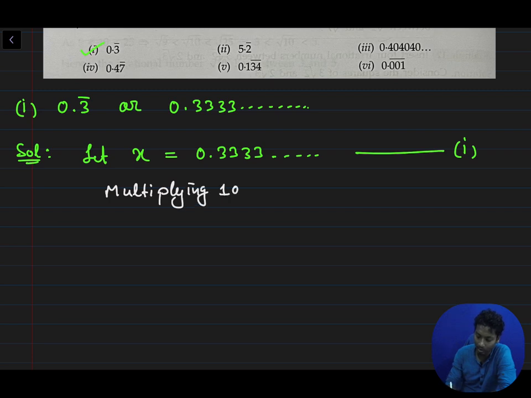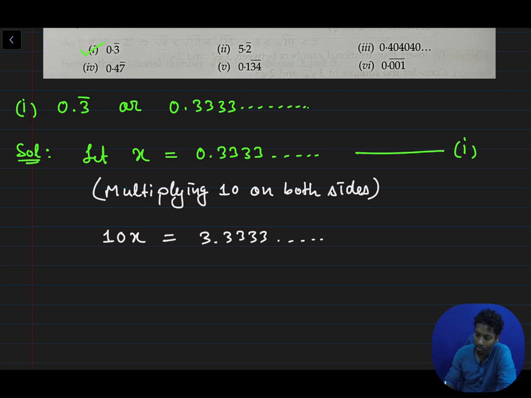If you multiply 10 on both sides, it will be 10 into x, 10x, and if you multiply 10 into 0.3, you will get 3.3333... So you can name this as the second equation.